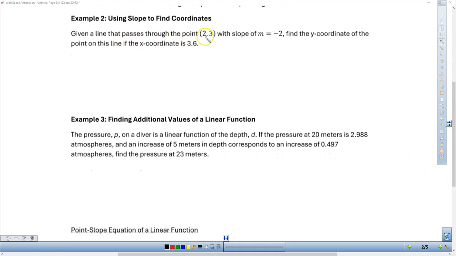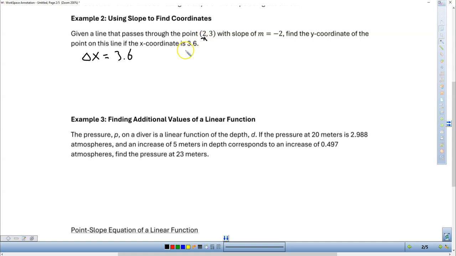So let's go ahead and apply this now with another example. Given a line that passes through the point 2, 3 with a slope of m equals -2, we want to find the y-coordinate of the point on this line if the x-coordinate is 3.6. Well, we can start by addressing the change in x. We know the x-coordinate is 3.6, so that's our first x value, and the other point is 2, 3.